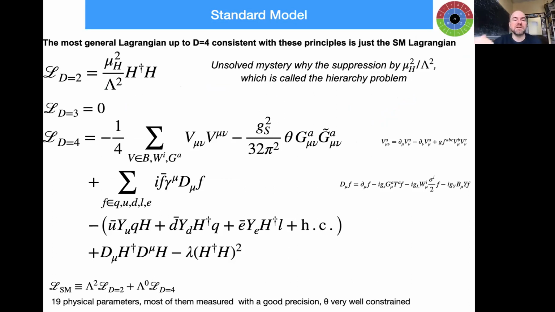So we write it as mu_H squared instead of lambda squared, and mu_H is something of the order of 100 GeV. So if lambda is 100 TeV, then it's a 10^-6 suppression of this term compared to naive dimensional analysis. If lambda is 10^16, then this is some huge suppression. And why this suppression appears here, we don't know. This is a breakdown of our dimensional analysis, of our philosophy. We call it the hierarchy problem, and this has no solution so far.